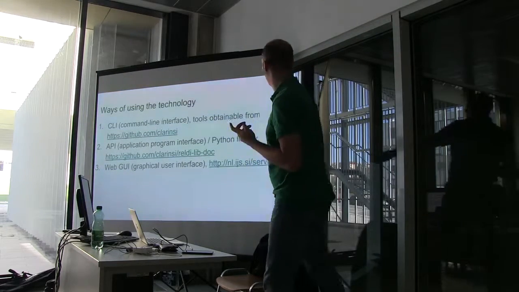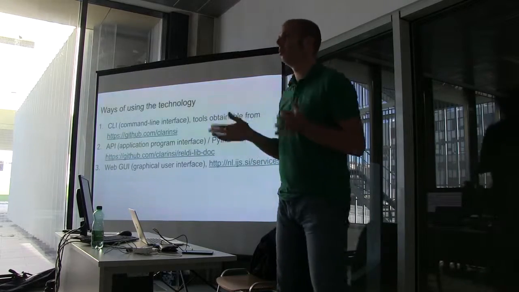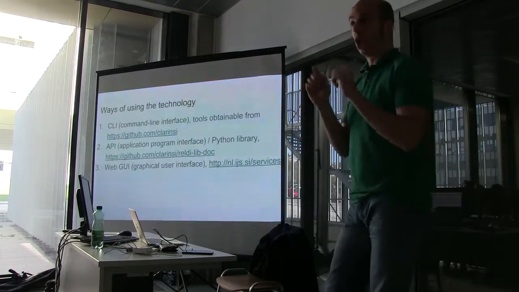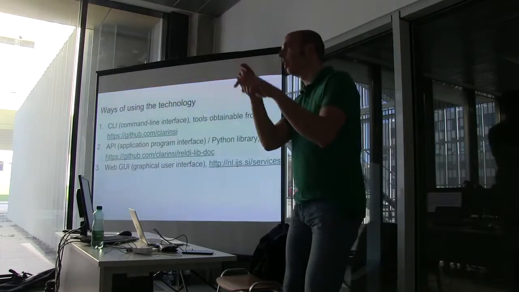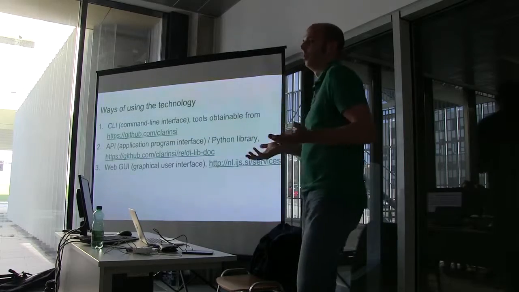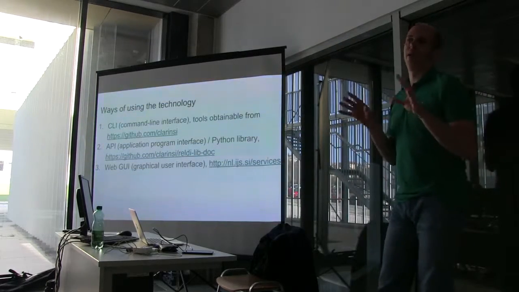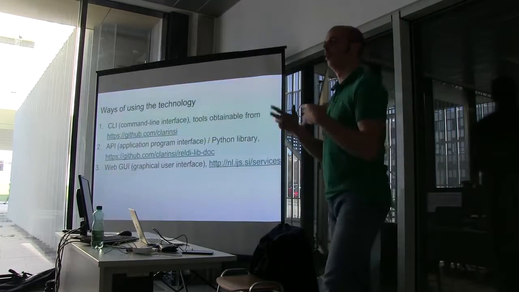And the final way of using the technology is the graphical user interface. In our case, it's just a simple web GUI. So something where you can log in and where you can type in your text, press process, and then see what comes up. This is the easiest way of using the technology, but mostly it's just for getting acquainted with the technology, not really using it.